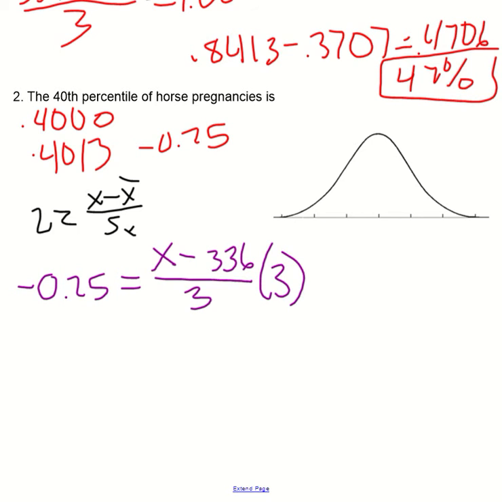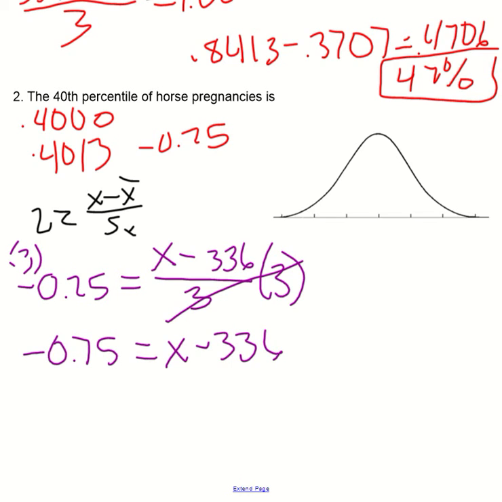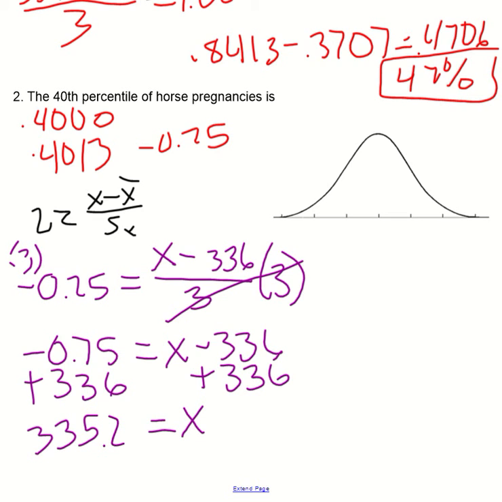We multiply both sides by 3. We get negative 0.75 equals x minus 336. We add 336 to both sides. 336 plus negative 0.75 gives us that x equals 335.2.